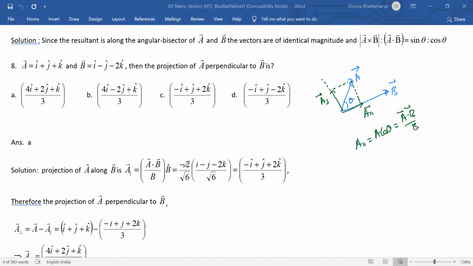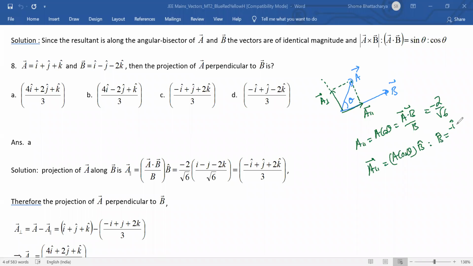So when you work that out here, this will come out to be minus 2 by root 6. Okay. And B cap as a unit vector, that B cap is this vector divided by its magnitude.